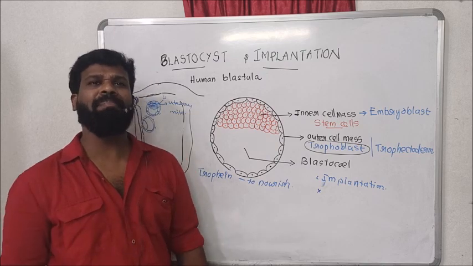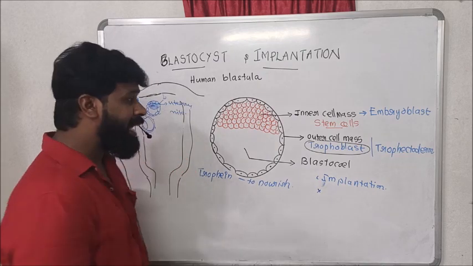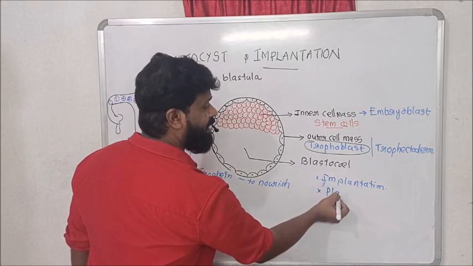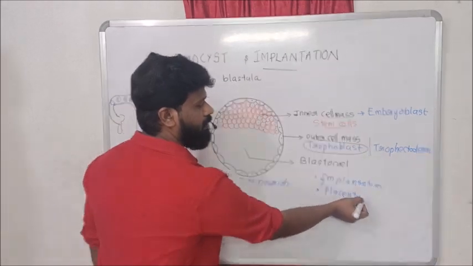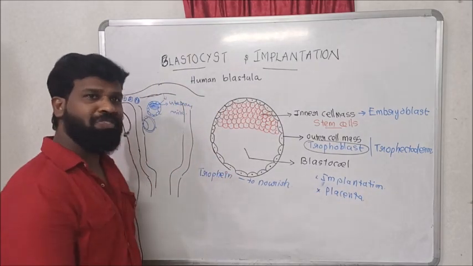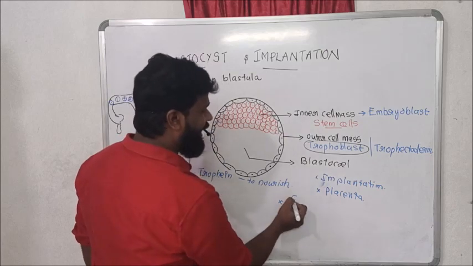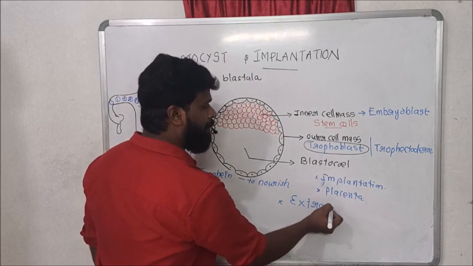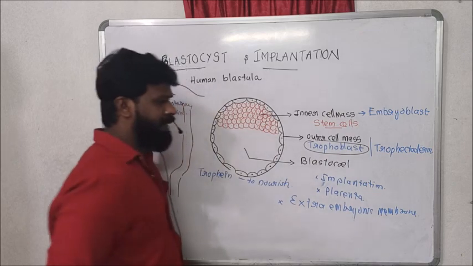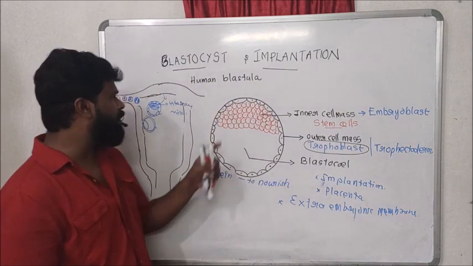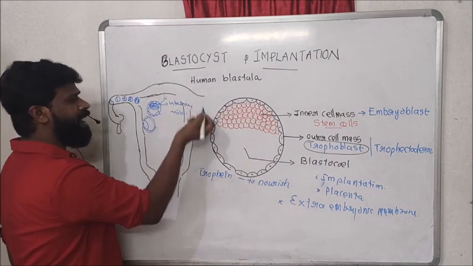Then after implantation, the trophoblast helps in the formation of placenta. And the trophoblast becomes an extra embryonic membrane. Extra means outside. Extra embryonic membrane means the membrane seen outside the embryo.